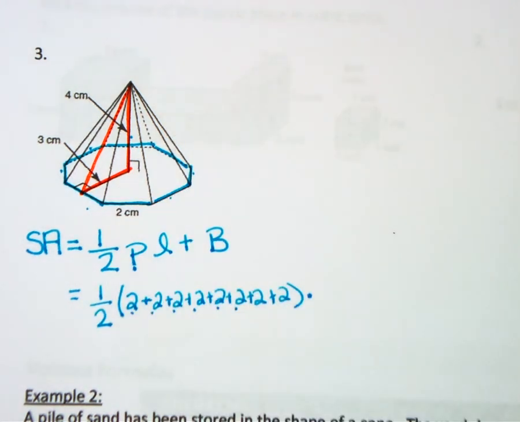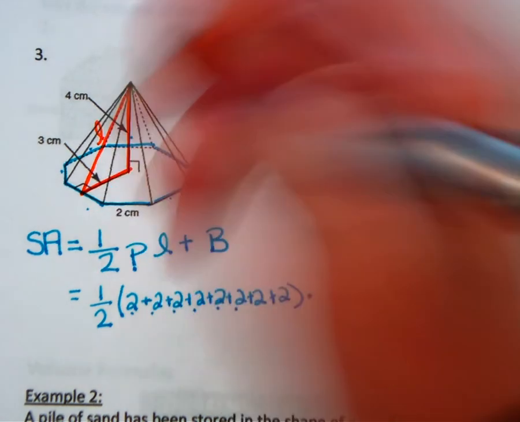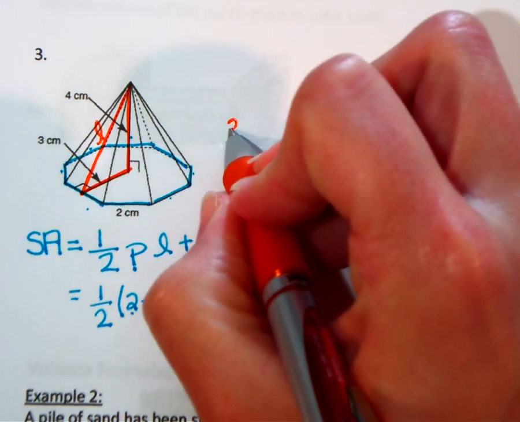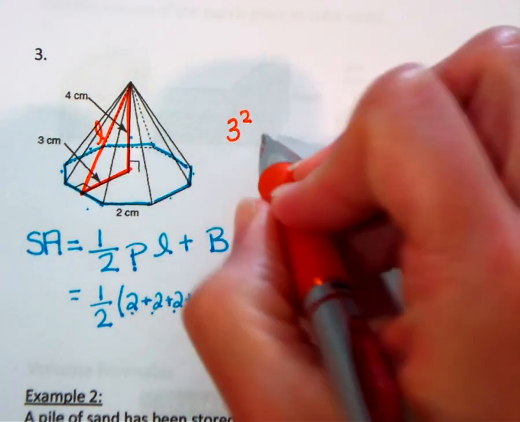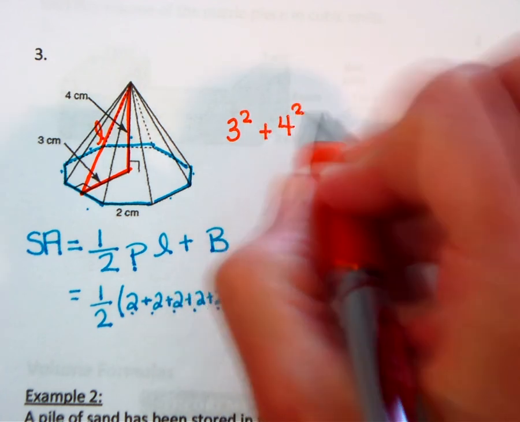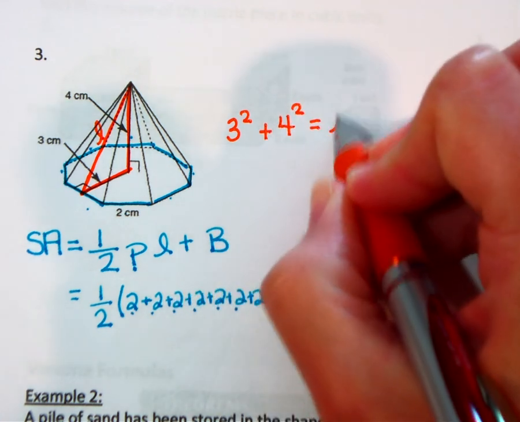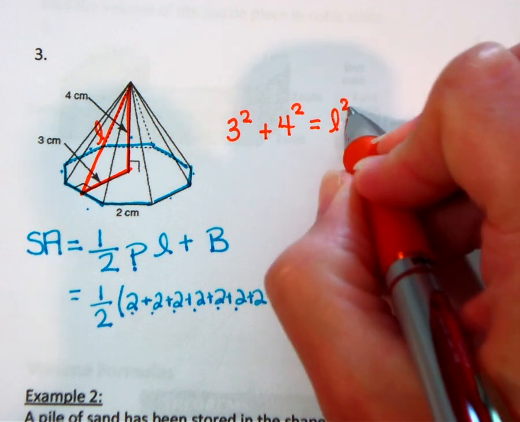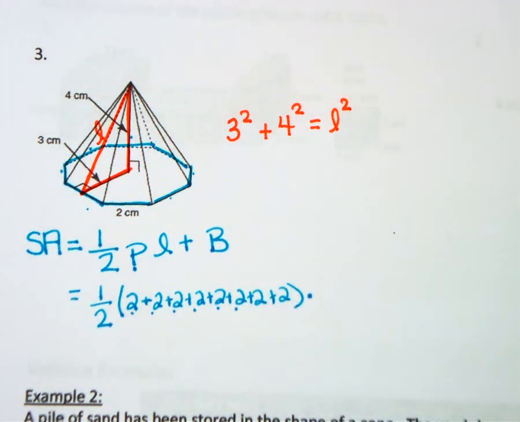And this was a super nice setup for you because, I'll put slant height on this side, if you have a 3 for one side and a 4 for the other side, what will be your hypotenuse? And the slant height will always be the hypotenuse.